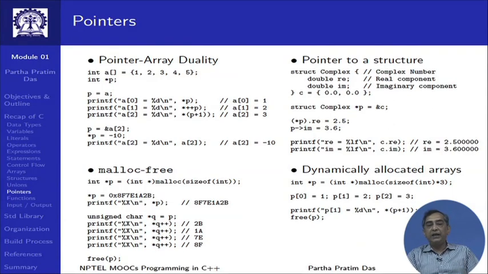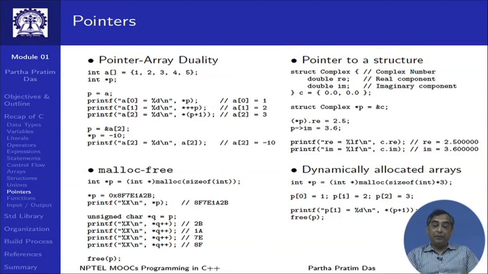An array is a series of locations and a pointer is the address of the starting location of the array. So, I can take the array and assign it to a pointer variable, and then if I just do star p, it gives me the content at the starting location of the array, which happens to be A0.